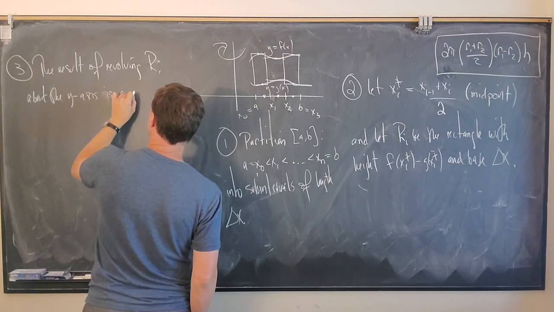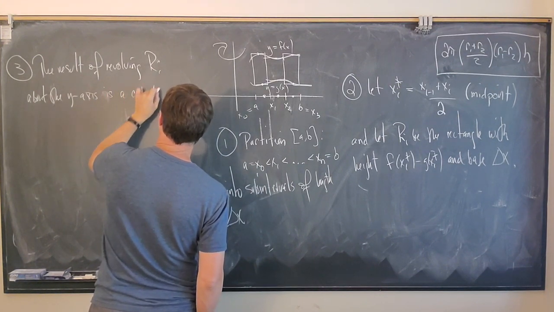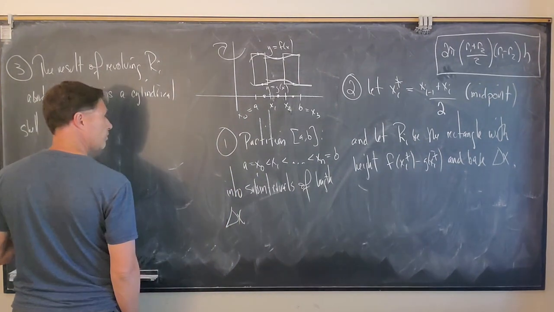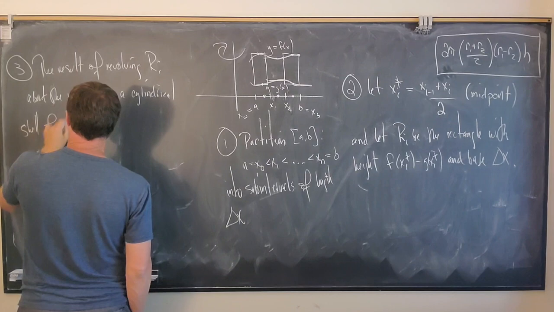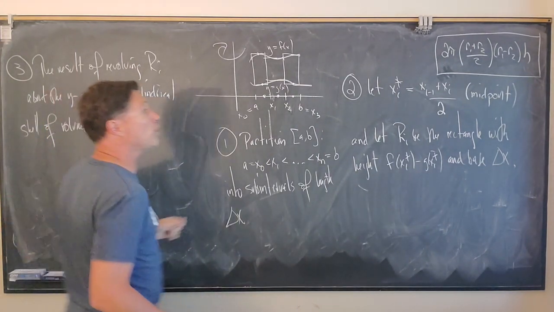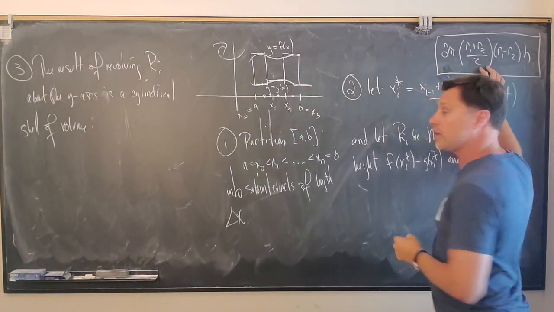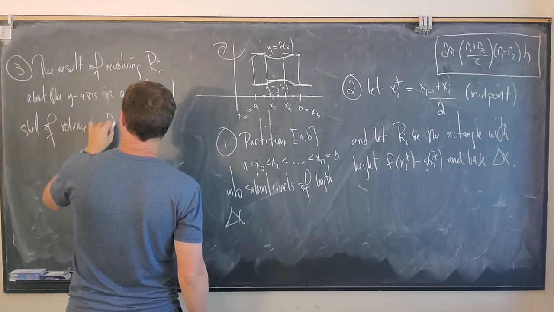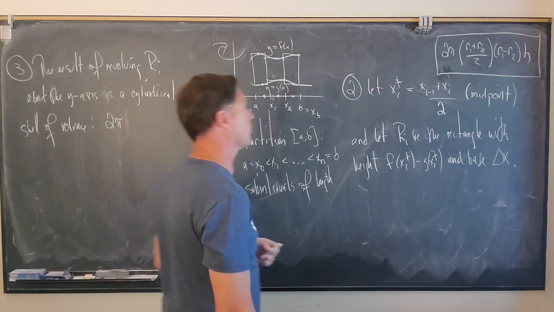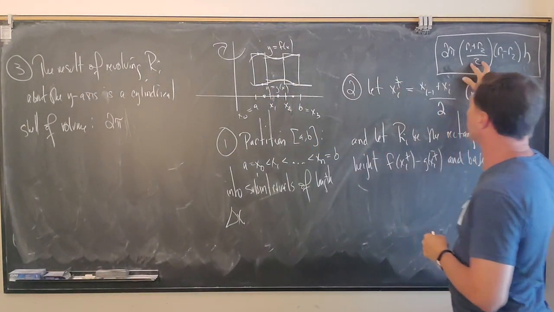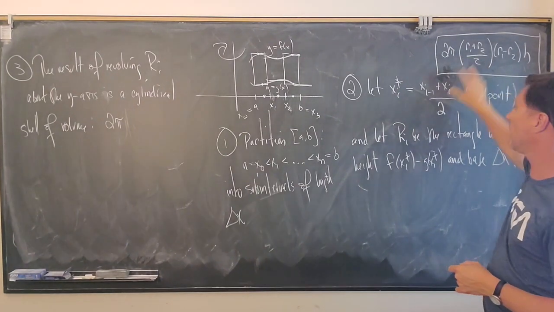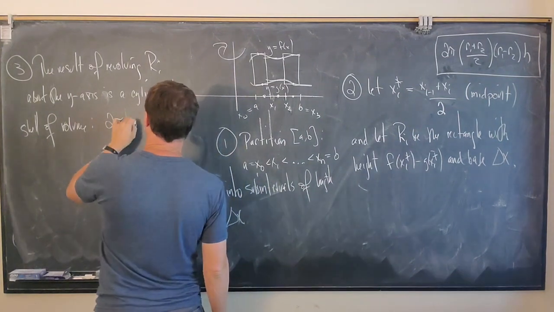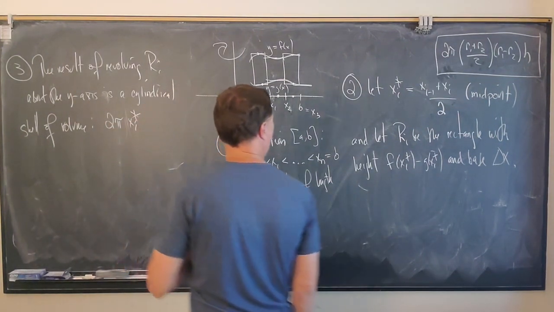So this is a cylindrical shell of volume. So now I want to use this volume formula that we have right here. So it's going to be 2 pi. And then look at right here. This is the average of the radii, and that's exactly what we have right here. So it'll be 2 pi times xi star.